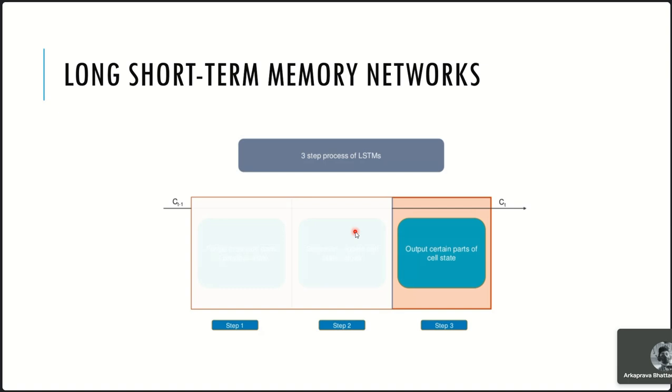So here CT minus 1, CT indicate your individual cells inside your hidden unit. Now, the first, as I mentioned, is your forget gate, the second is your input gate, and the third one is your output gate. So your LSTM works in this 3-step manner. Let's see how the LSTM works step by step now.